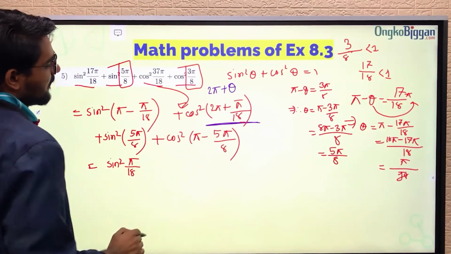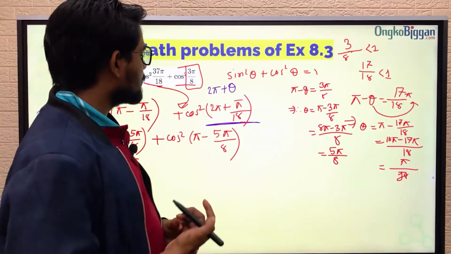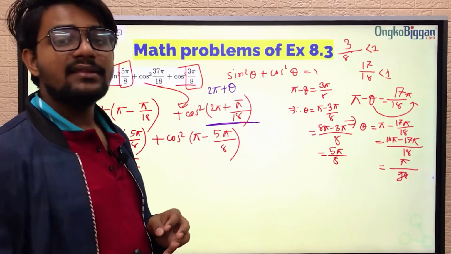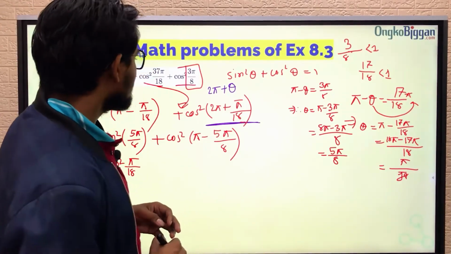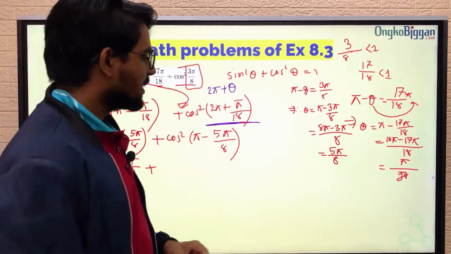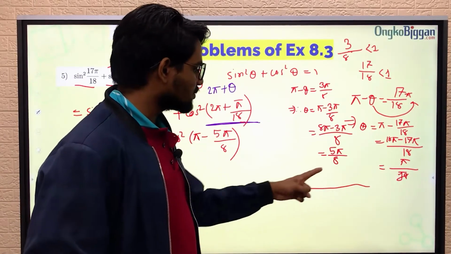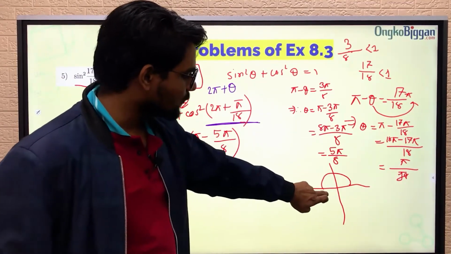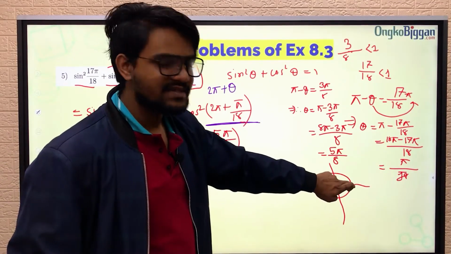Similarly, the resultant of cos square 2 pi plus pi by 18 is in the first quadrant. So we can directly cancel the 2 pi, because after moving an angular distance of 2 pi, it restarts from the same point.